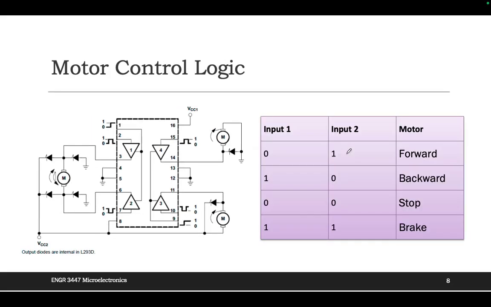Okay, and then let's talk about the motor control logic. Let's just talk about this one side, because this side controls one motor. When input 1 is 0, it is like not working.